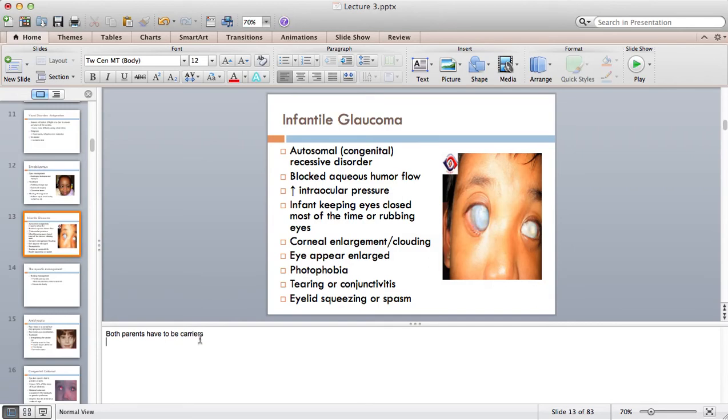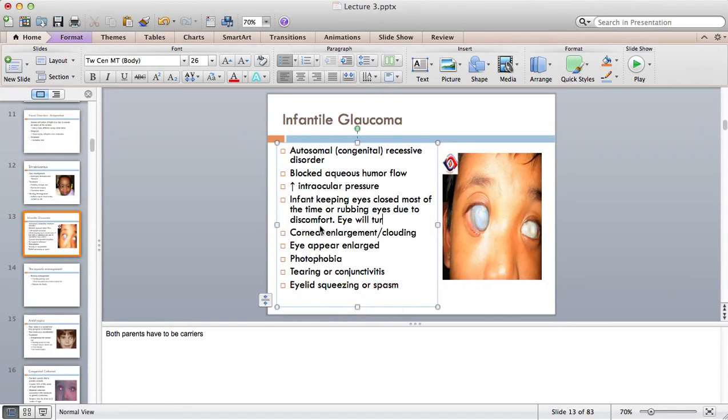With that increase in intraocular pressure, it will affect the vision of the child. The child will constantly be rubbing their eyes, trying to remove the discomfort. The eye will turn red and appear enlarged, and this is what you will see. So with that constant tearing and constant rubbing of the eye, you see the redness in that eye.